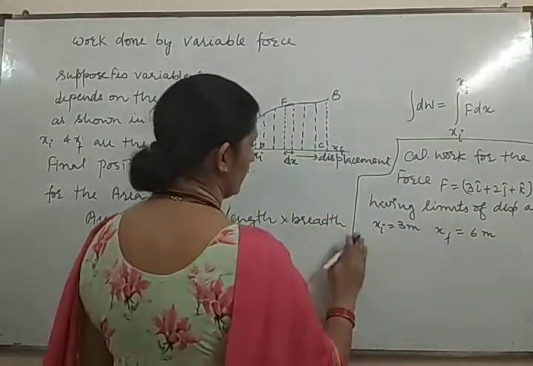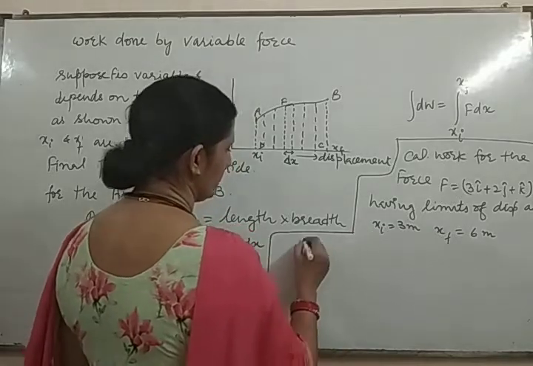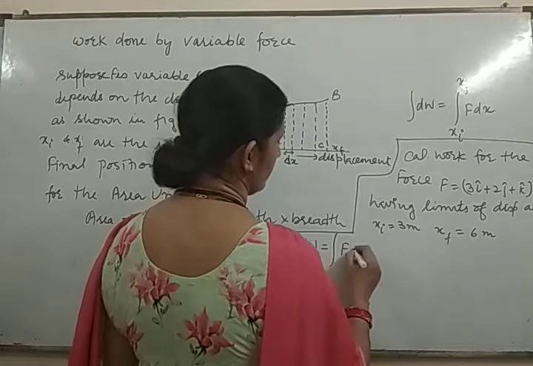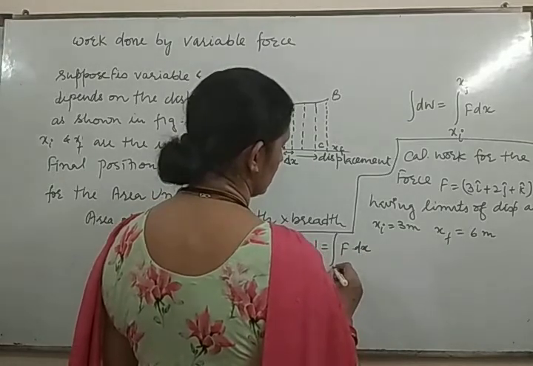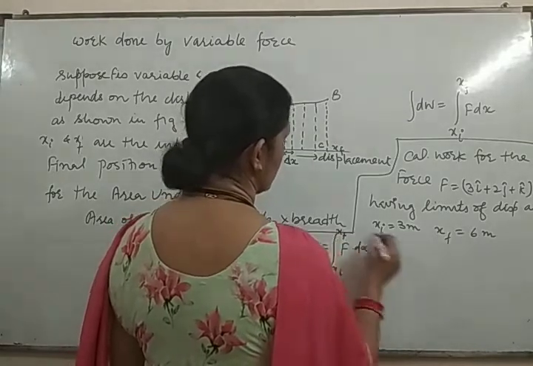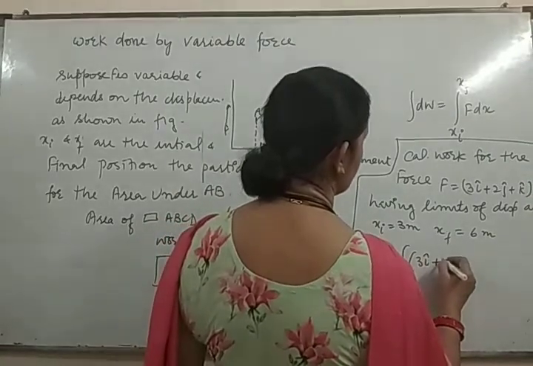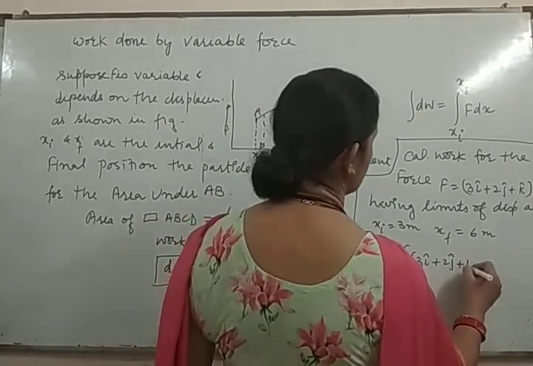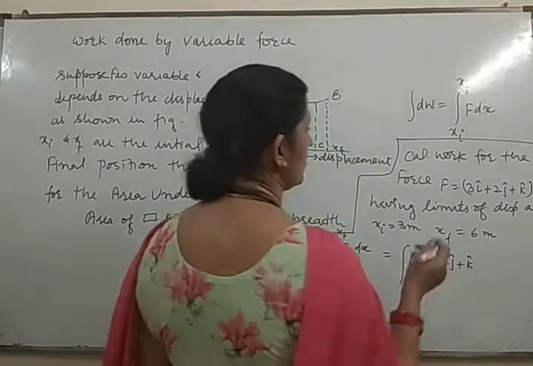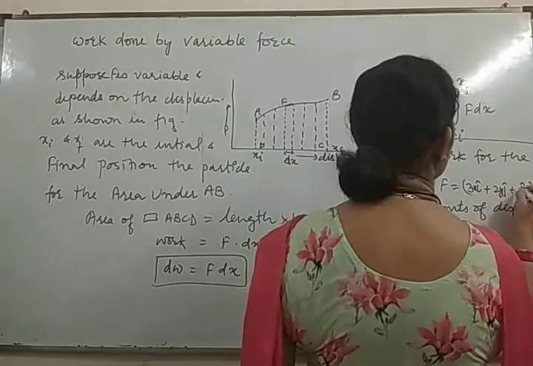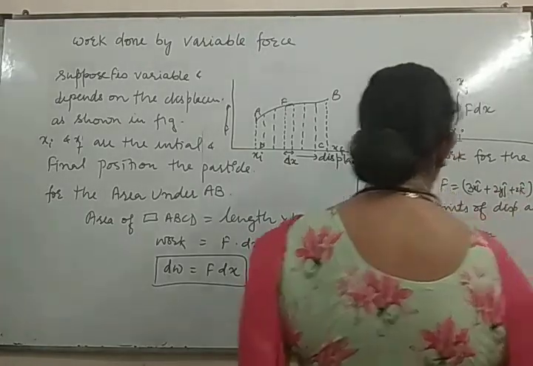Then you will calculate the work done. Work is equal to the integration of F into dx, from xi to xf. This is equal to 3i plus 2j plus k, or you can also write it as 3xi plus 2yj plus zk.